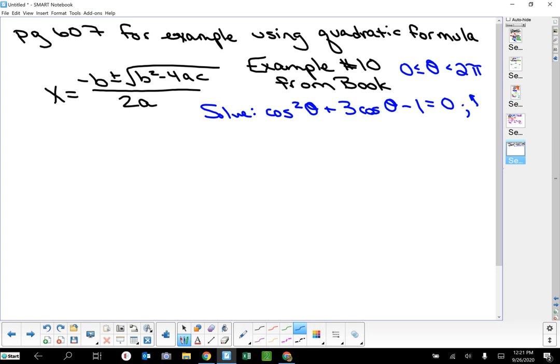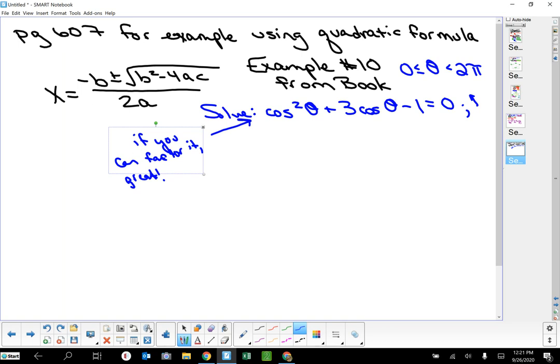All right, so I would first look and see if you can factor this. If you can't, and you can't in this one, then we're going to use the quadratic formula.